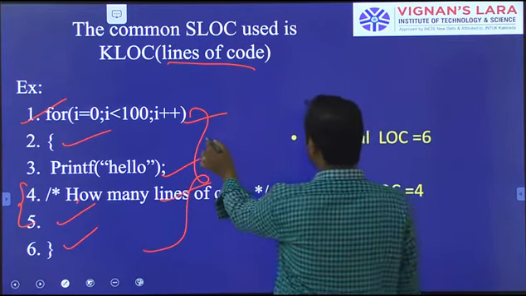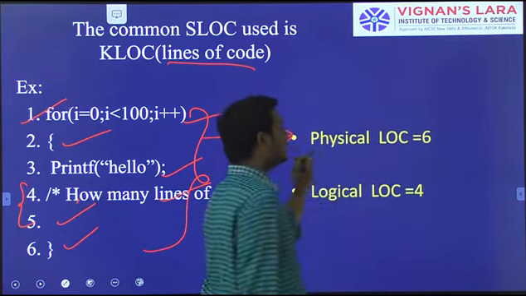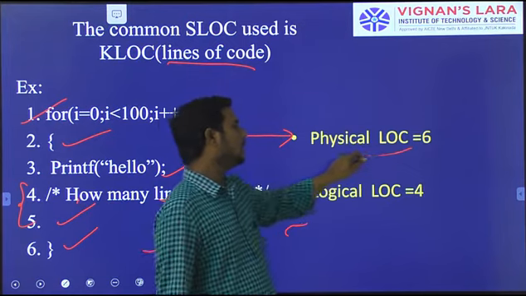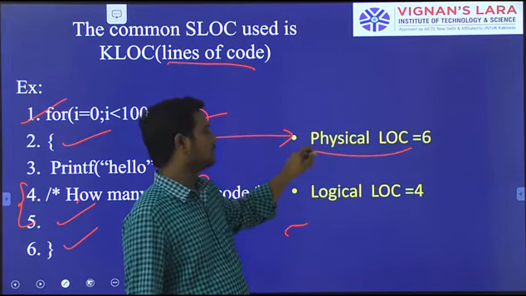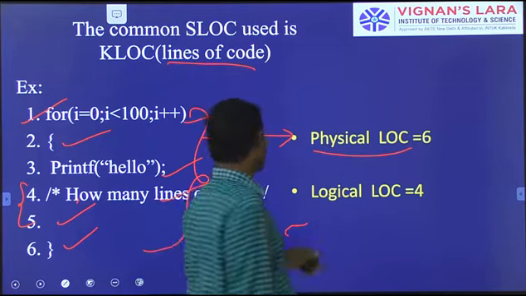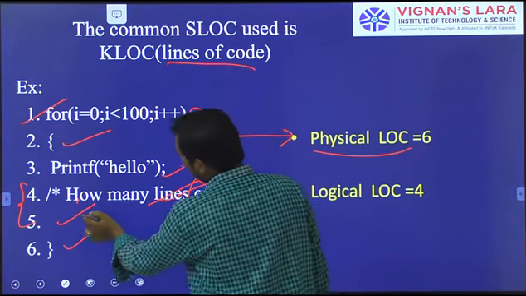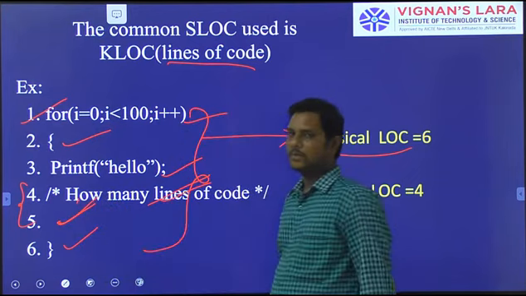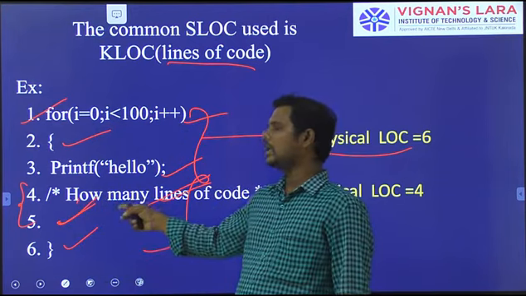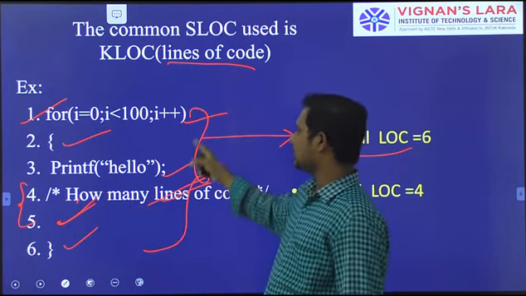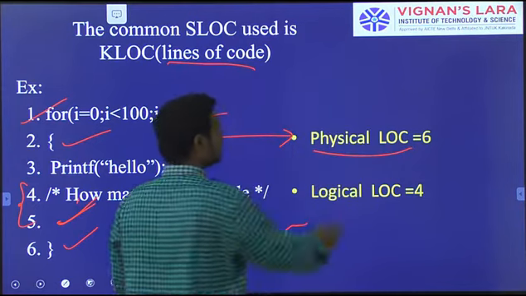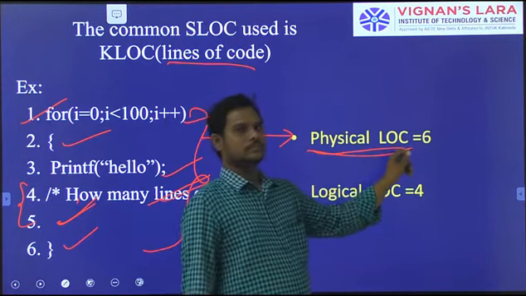This program has 6 lines. These 6 lines are considered as physical SLOC. Here we consider the comment lines of a program and the empty lines of the program. Comments and empty lines are also considered to calculate the lines of code, which is called physical SLOC.